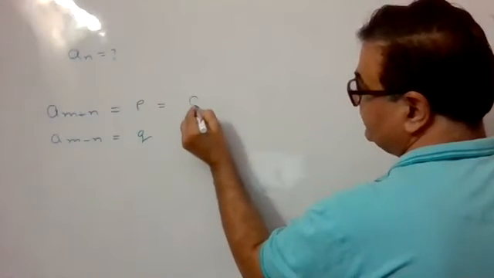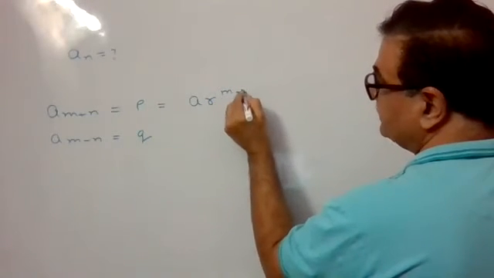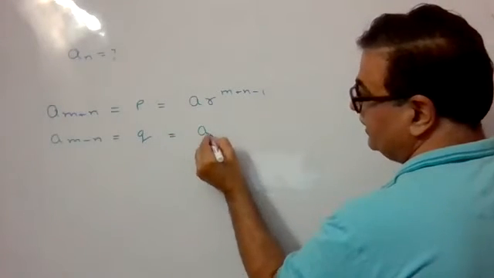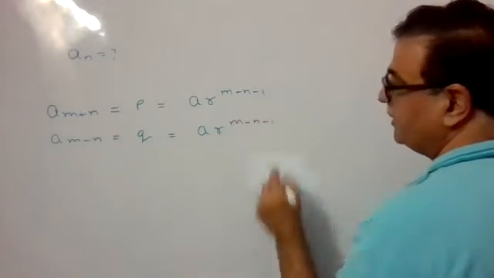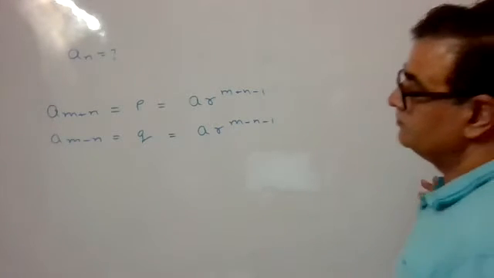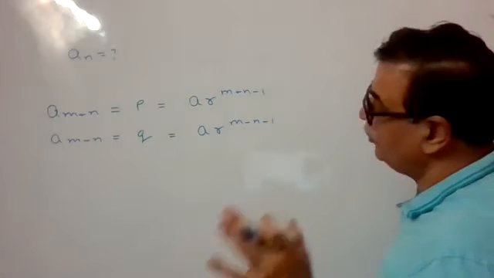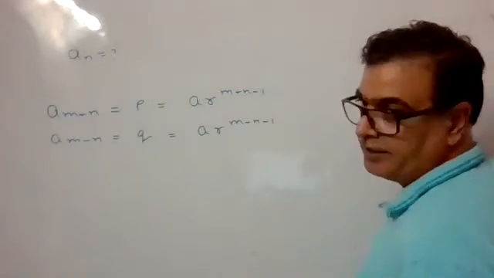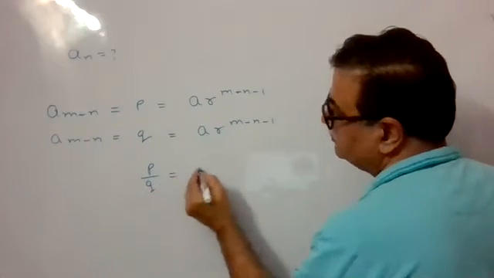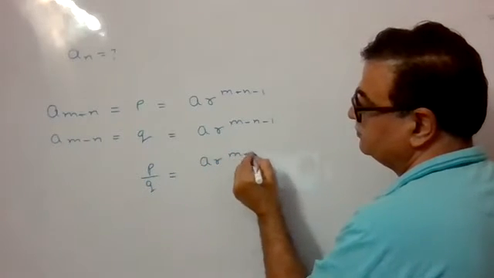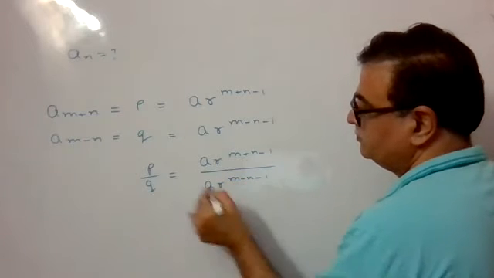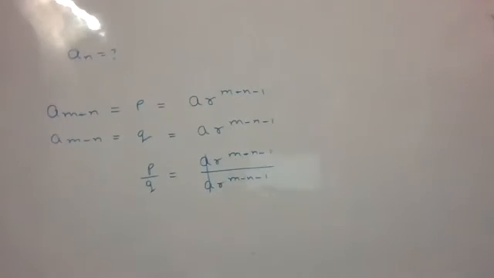This you can write as A R power M plus n minus 1, right or no? This I'll write as A R power M minus n minus 1. Then we should find out what is A and what is R. If you get that, then you get the nth term. So better will be, we'll divide these two. A gets cancelled out.